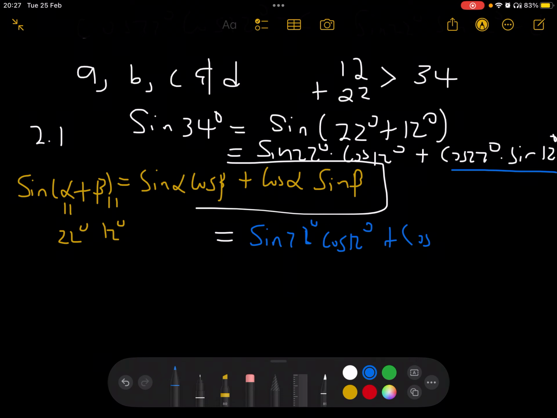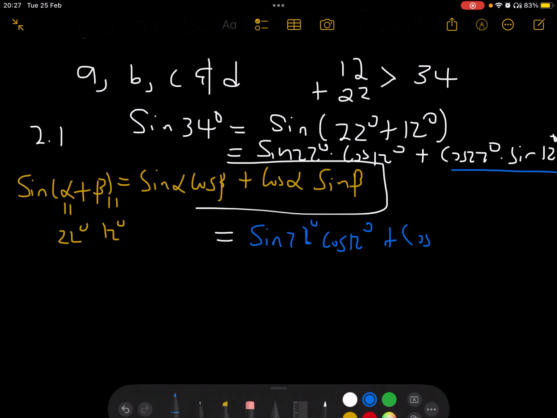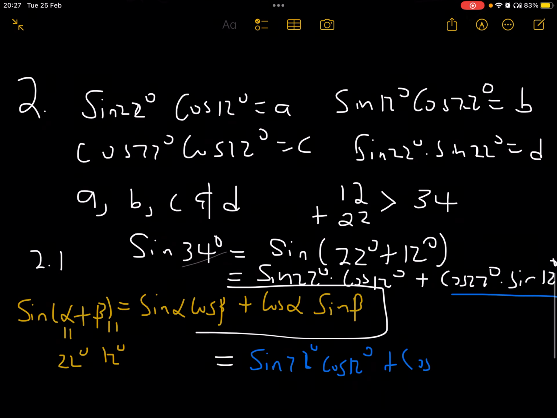If we rearrange, we don't have to rearrange what we're given here.